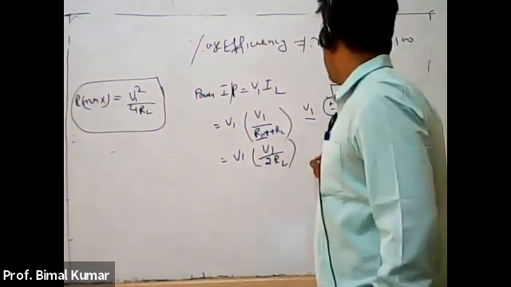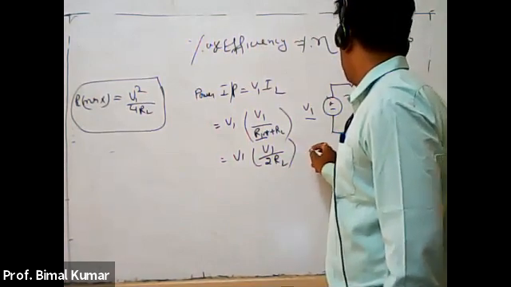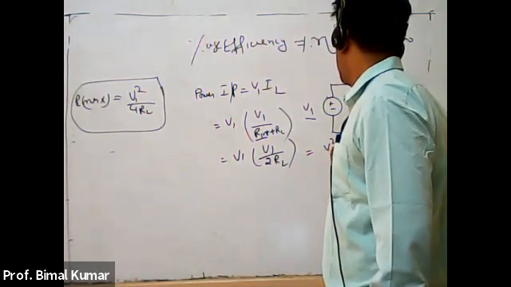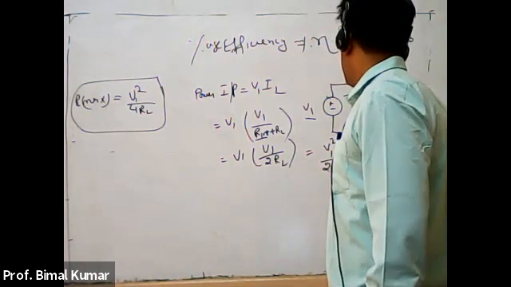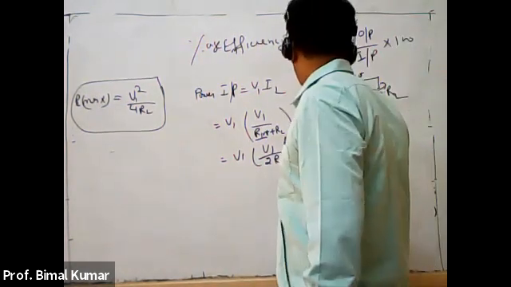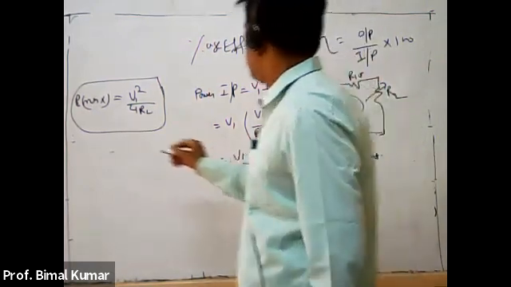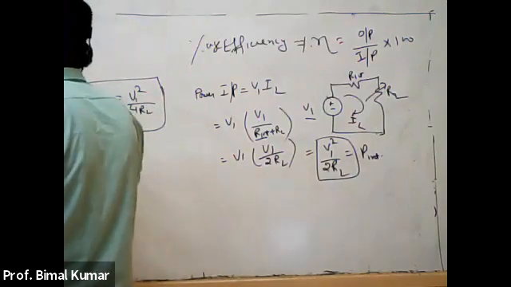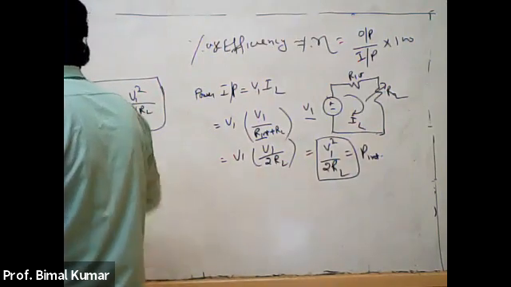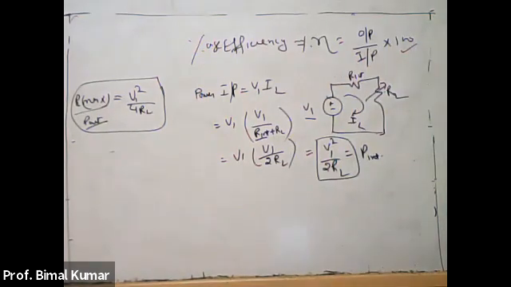So the power input, during the maximum power condition, will be V1 square upon 2RL, right? So this is your P input, and this is your P output across the load. Fine. So substitute both values in this equation.